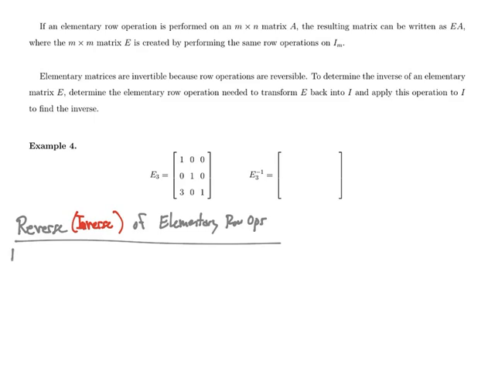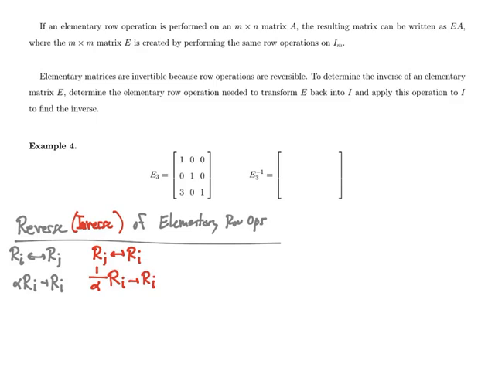If we have row switching, if we switch row I and row J, the inverse of that is just switching them back. If we take a scalar and multiply it by a row, we could multiply by the inverse of that scalar, 1 over alpha, and that gets us back to where we were before.